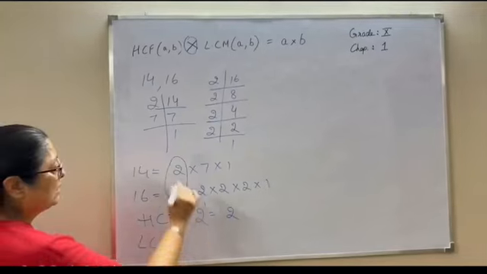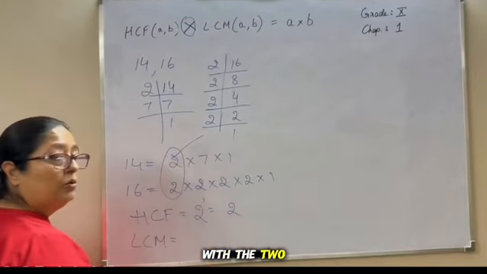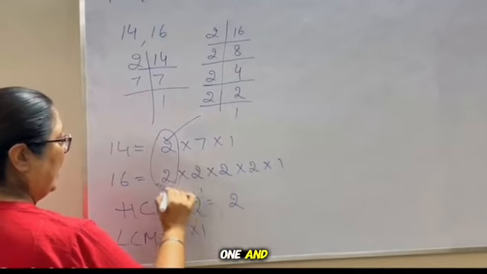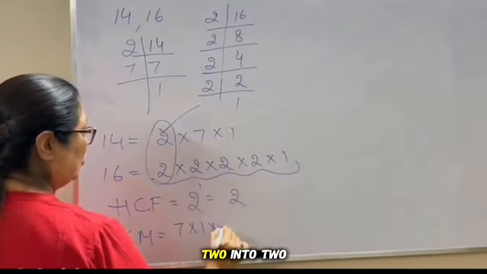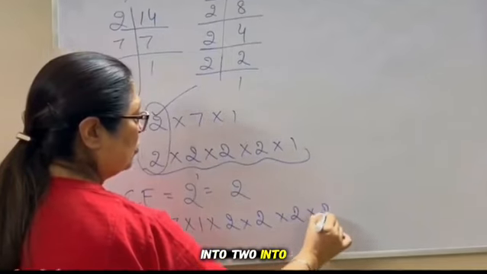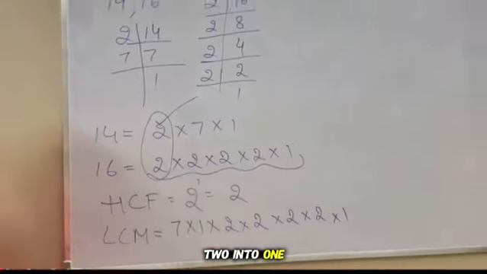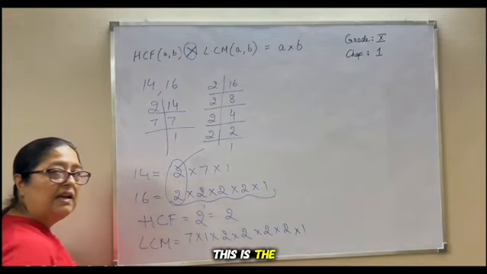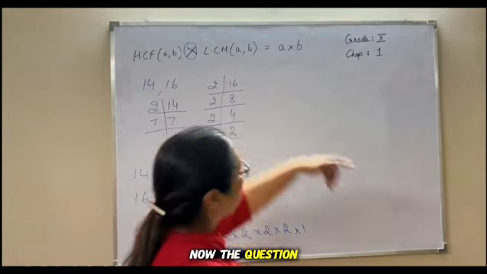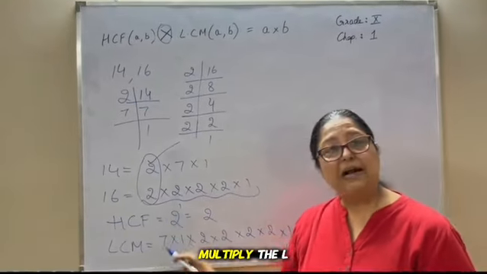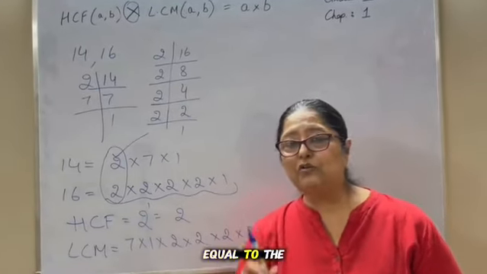LCM is, we have gone with the 2, we are left with 7 into 1 and 2 into 2 into 2 into 2 into 1. So this is the LCM and this is the HCF. Now the question is, can we say HCF multiplied by LCM is equal to the product?